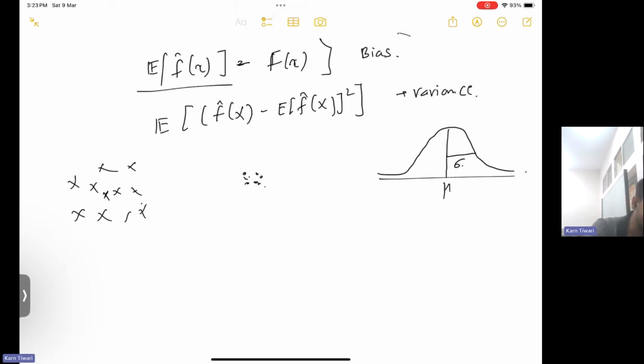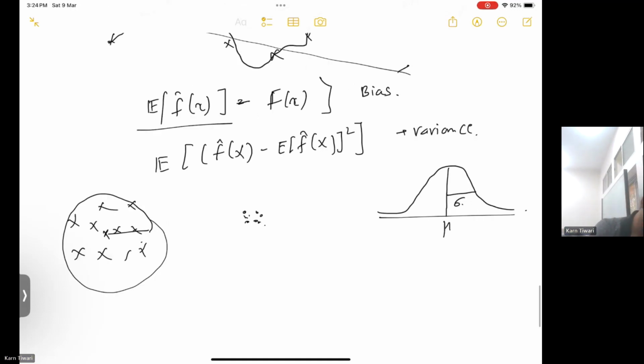And this variance denotes this radius, that is how far apart it is spread. Okay, so that is what the variance does. It tells you, for example, that my data samples are this much far apart from the mean. So basically what you want is your variance to be smaller, because if there's a large fluctuation, then it's hard to explain that phenomenon. Okay. So these two definitions are common for whatever random variable you take. Okay.